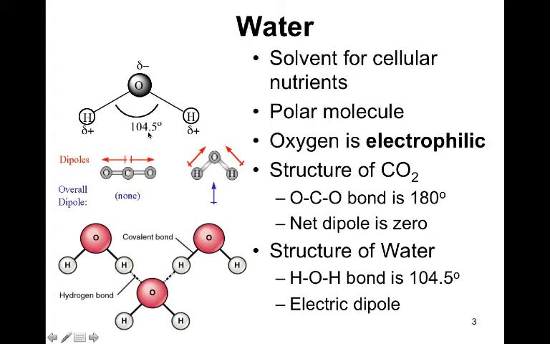asymmetrical. Now, water molecules are bound together through intramolecular covalent bonds and intermolecular hydrogen bonds. Because of this polarity, the oxygen end of the molecule repels negative atoms like oxygen itself, while attracting positive atoms like hydrogen.